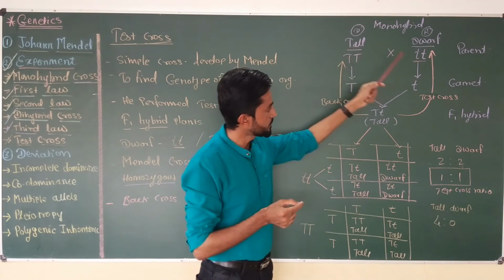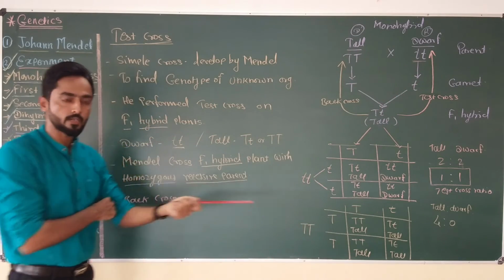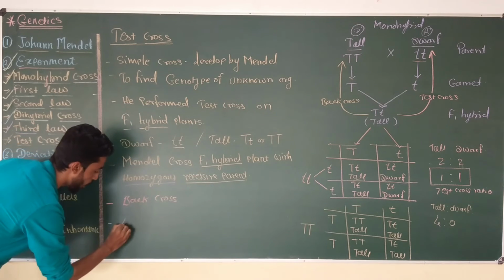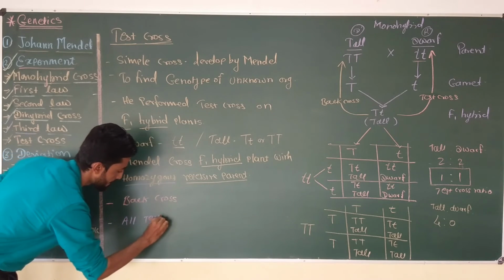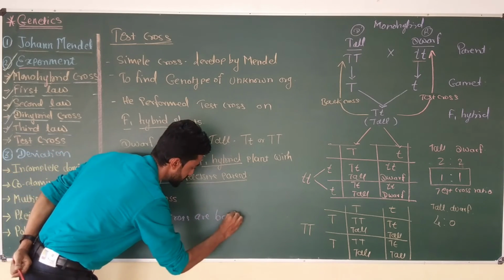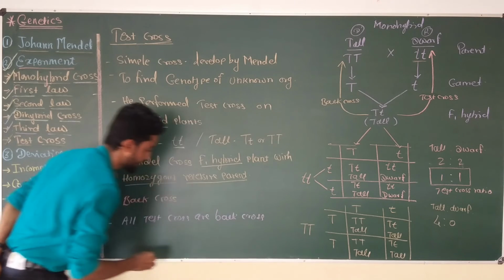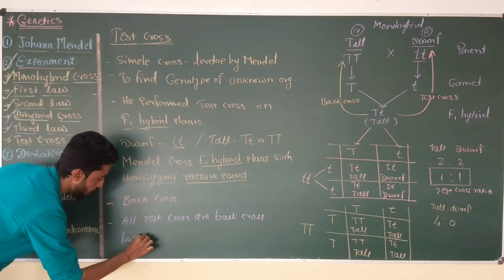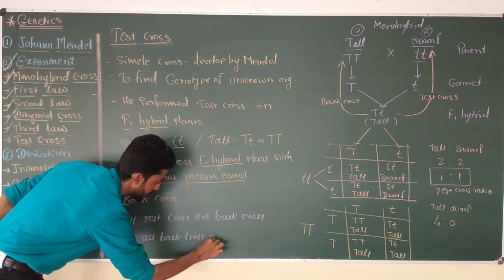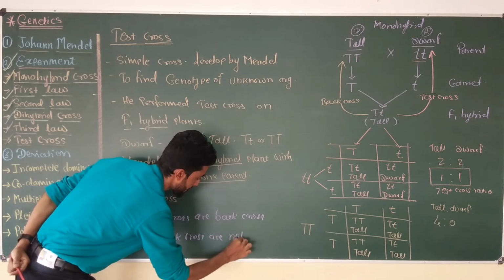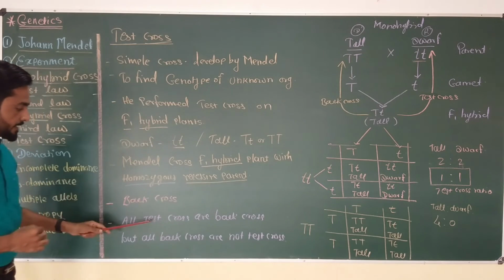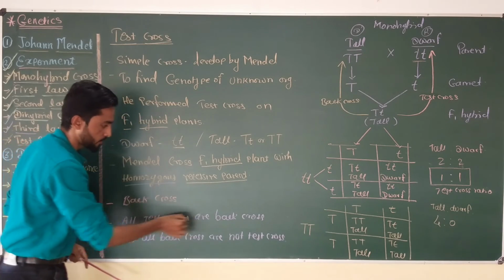So on the basis of this cross, we can make one very important sentence or conclusion here: all test crosses are back crosses, but all back crosses are not test crosses. Why are we saying that all test crosses are back crosses?